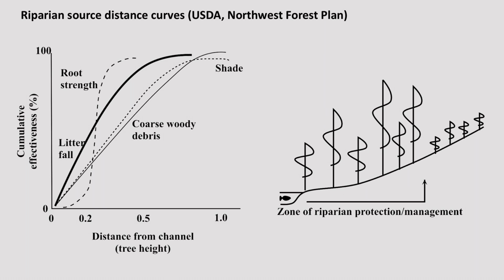They asked how big these areas have to be, and so they started building source distance curves. This is the cumulative effectiveness, in indexes of tree height. Old growth trees might be 50 to 80 meters in height. You can plot these based on the literature to get a sense of where things were being controlled as you moved away from the stream.